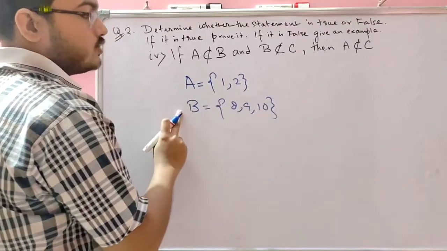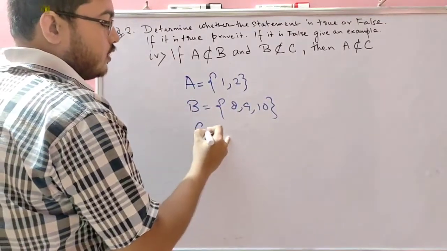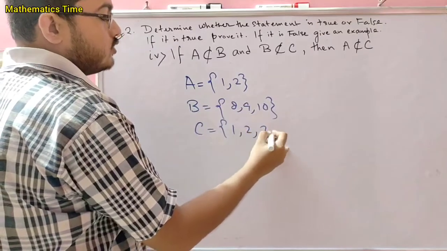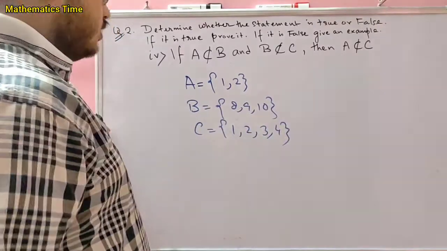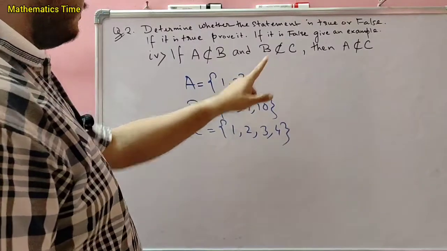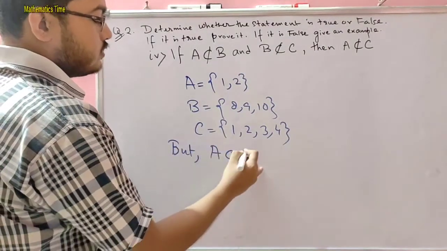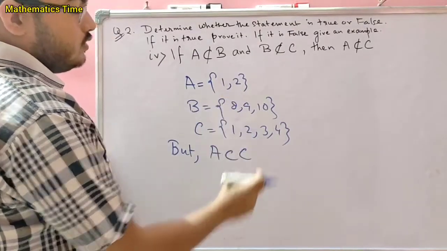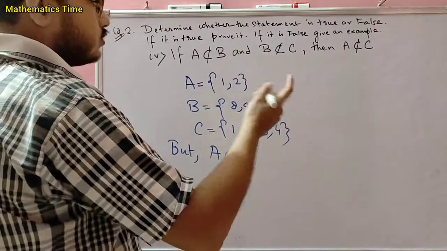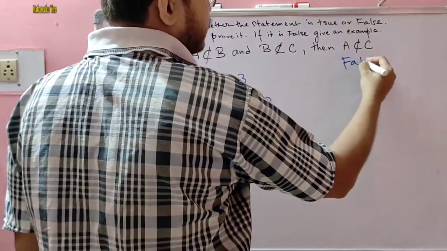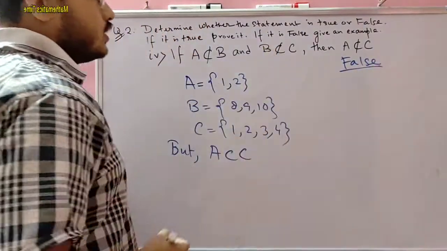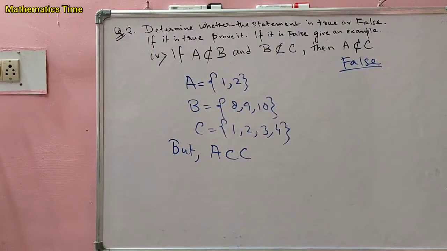So clearly A is not a subset of B. And C we take {1, 2, 3, 4}. Here also B is not a subset of C. But you can clearly see A is a subset of C. 1, 2 is present here, so A is a subset of C. We only have to show one example to show a statement is false. So this statement will be false.